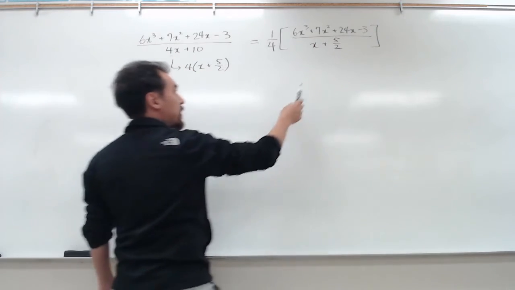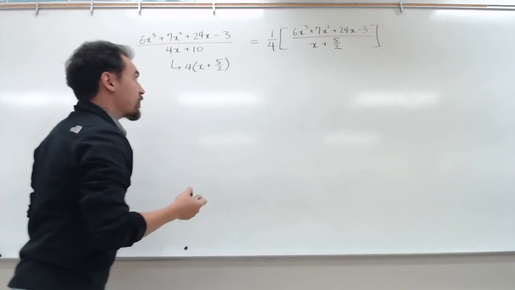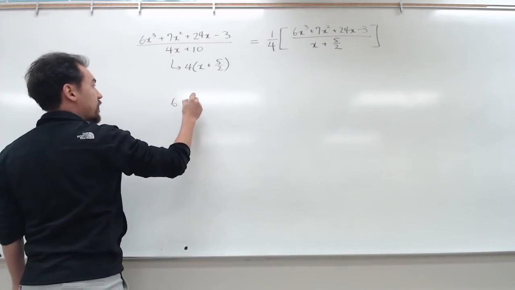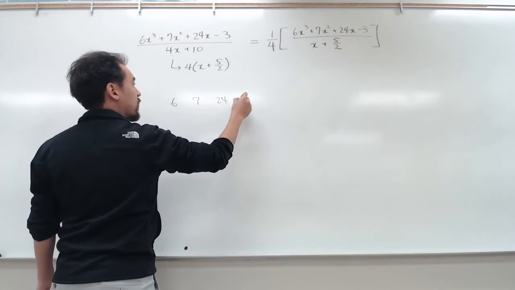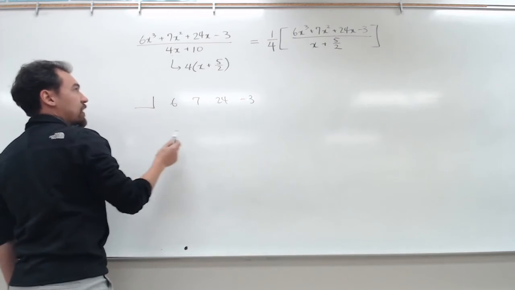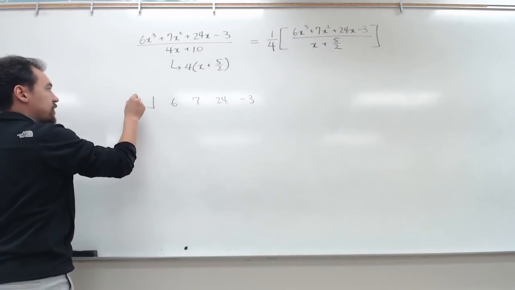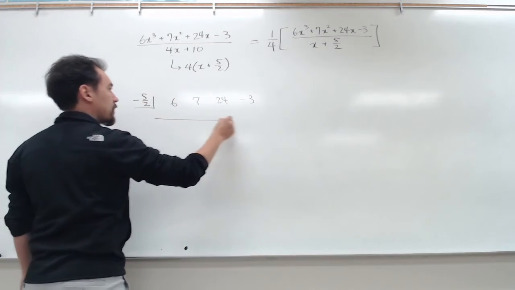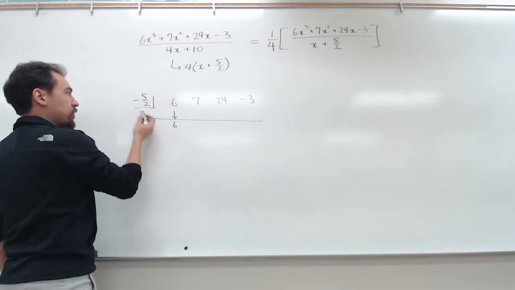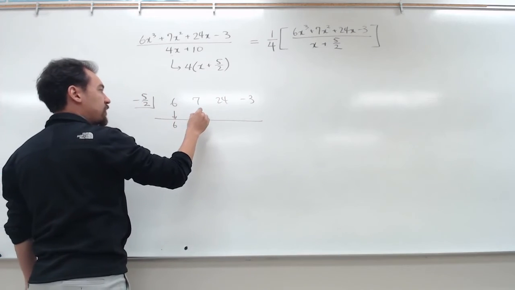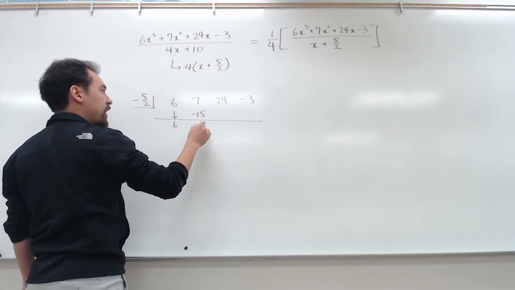So it's time to do synthetic division on just the part in the brackets. So numerator coefficients, 6, 7, 24, negative 3. And in the box, I have the negative version of this, so negative 5 halves. The 6 comes straight down, multiply by negative 5 over 2 gets me negative 15. Add it down gets me negative 8.